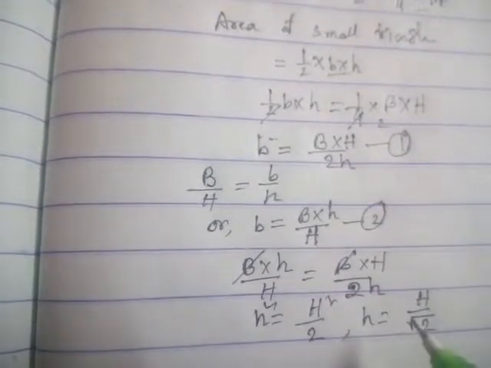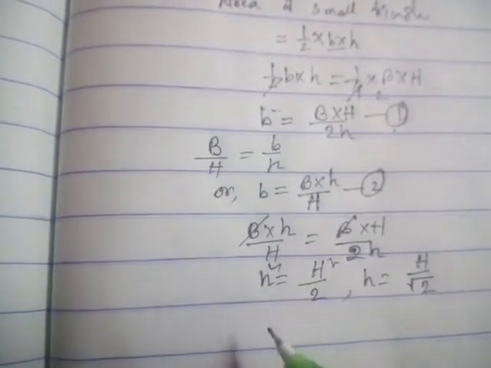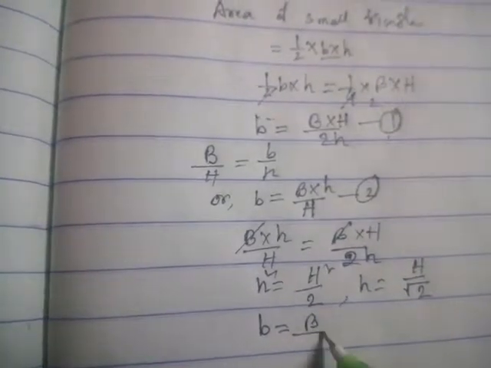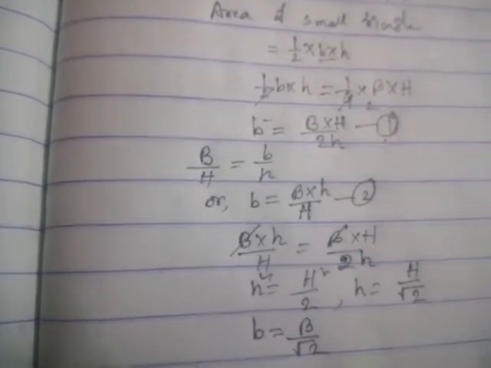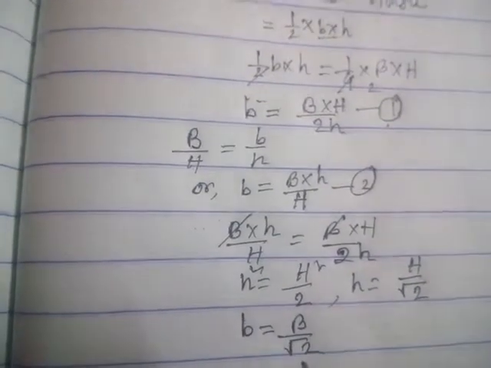And now if we put this value in equation number 1 or equation number 2, we will get small b equals capital B by root 2. Okay, so small h equals capital H by root 2 and small b equals capital B by root 2.